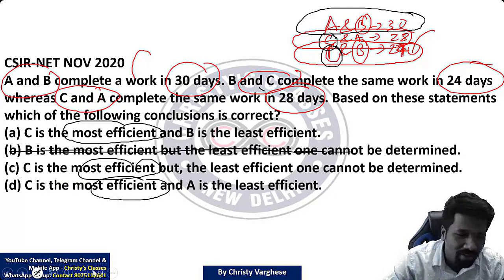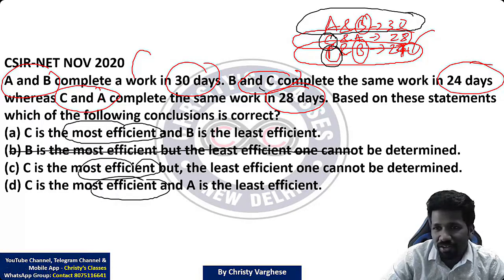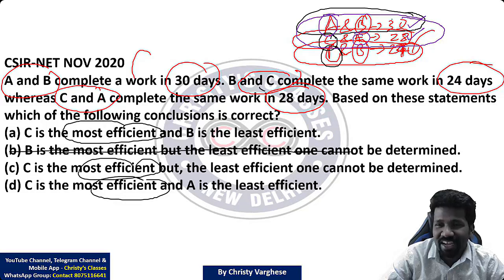ये clear है ना? Same way में who is the least efficient? Which are the slowest two groups? These two ना, 30 days, 28 days. वो दो slowest group में common factor कौन है? A. Where all A is present, that team will take more time to complete the work.